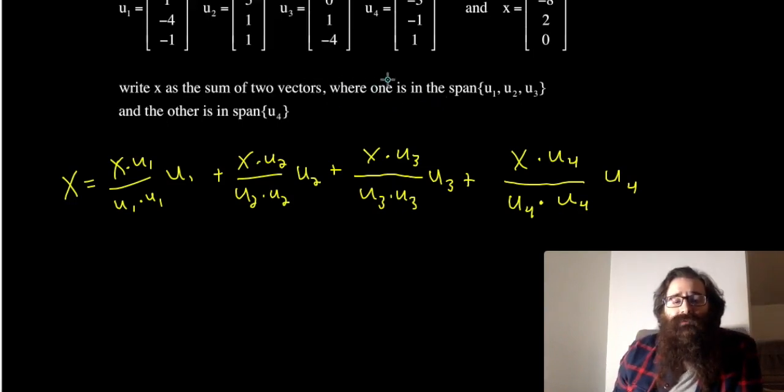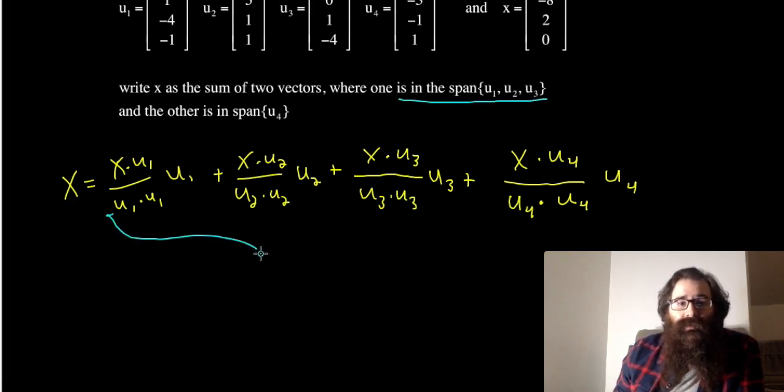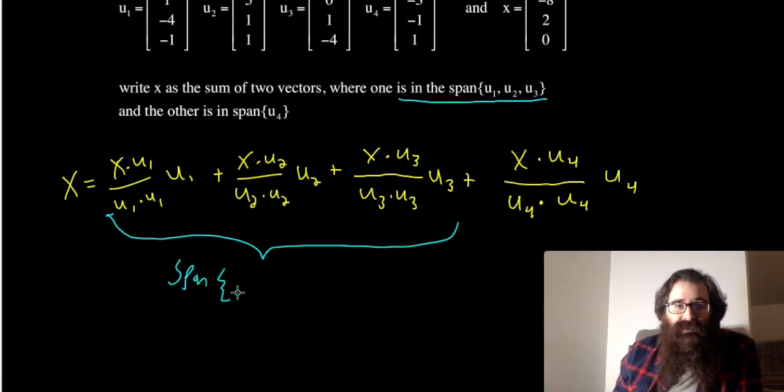I want one of these parts to be in the span of u1, u2, and u3. That would be this chunk here. This is in the span of vectors u1, u2, and u3. It's just some coefficient times u1 plus some coefficient times u2 plus some coefficient times u3. So this is the piece that is in the span of u1, u2, u3.